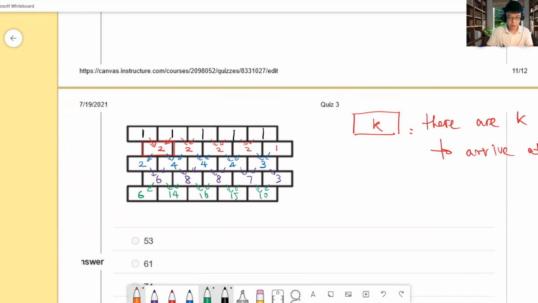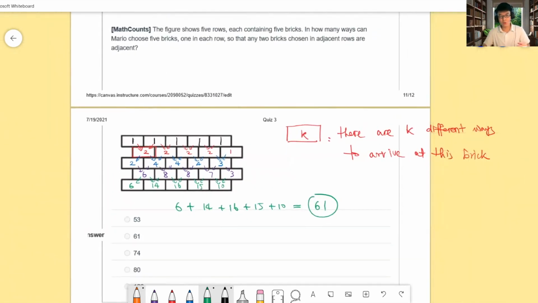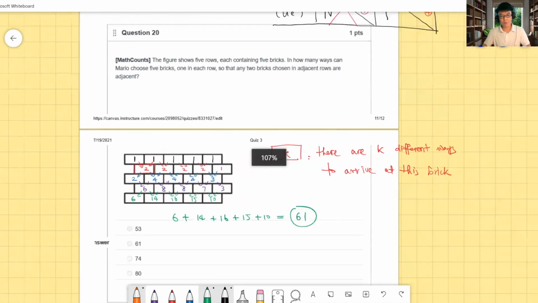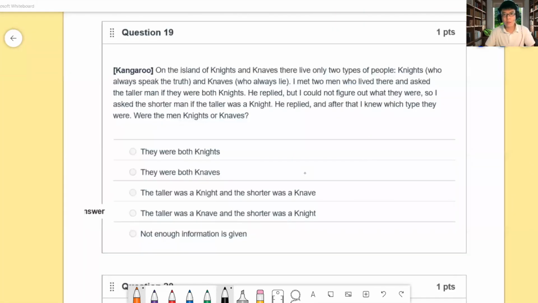So finally, we just need to add all the numbers on the last row. 6 plus 14 plus 16 plus 15 plus 10. This equals 61. So there are totally 61 different paths to go through these 5 bricks. The answer is 61. Question 19.